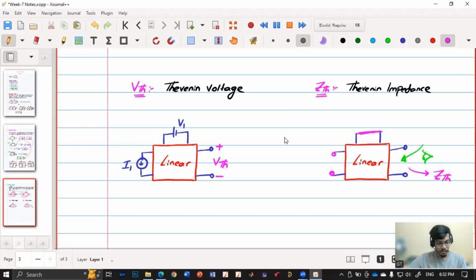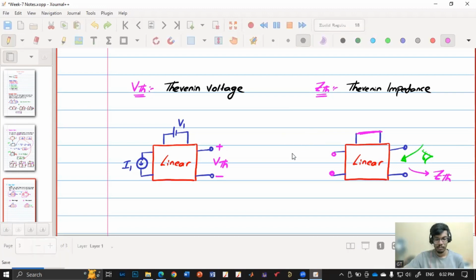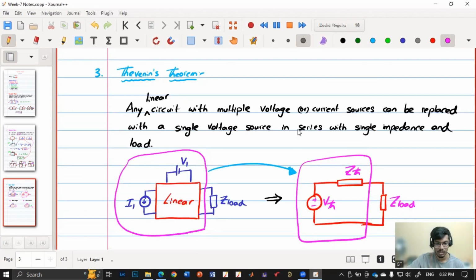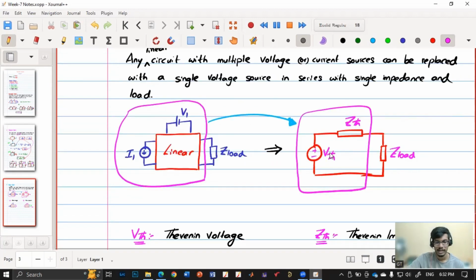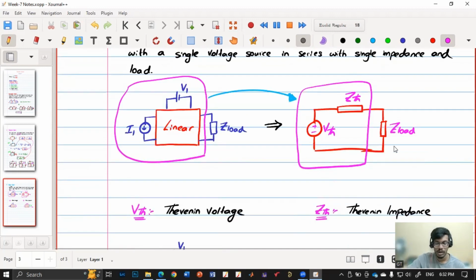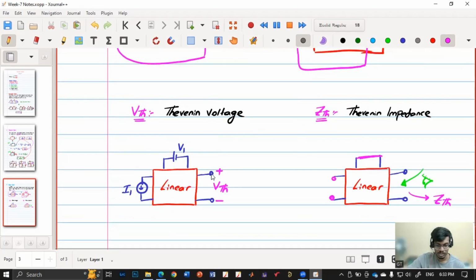So the Thevenin theorem basically says any circuit with multiple voltage or current sources can be replaced with a single voltage source, called Thevenin voltage, in series with a single impedance called Thevenin impedance, in series with the load. The Thevenin voltage is obtained by removing the load, keeping all the sources as they are, and finding the voltage across those two open points.